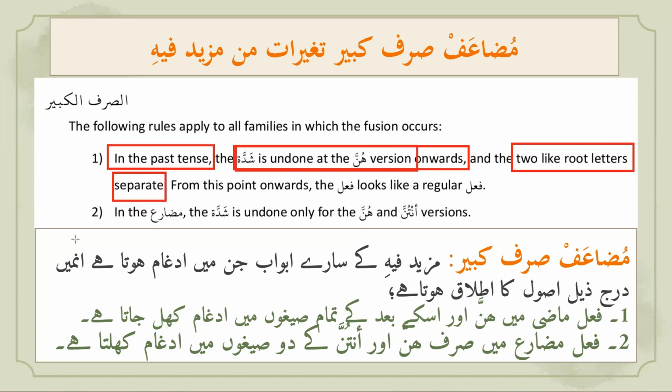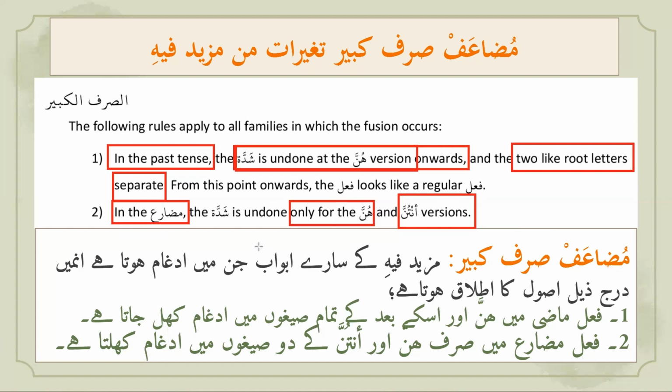Okay. And then the second rule is about present tense, fi'l mudari, and this whole process of undoing shadda and the separation of two like letters happens only for hunna and antunna versions.